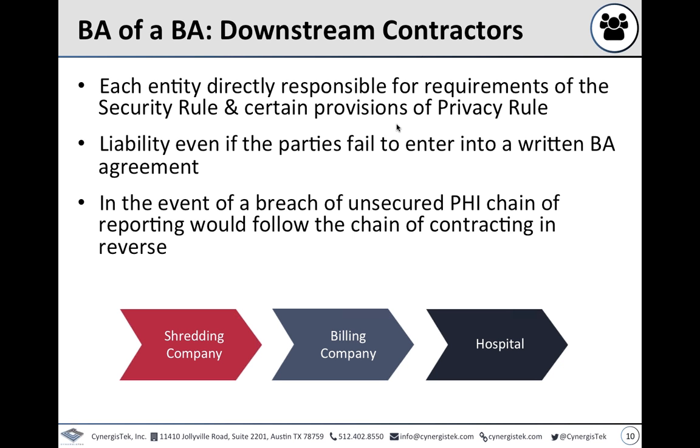One of the significant issues brought out in the changes in the omnibus rule is the requirement that business associates have to get satisfactory assurances from any subcontractors that they use downstream to handle protected health information. And this is the case even if the parties don't enter into a BA agreement.